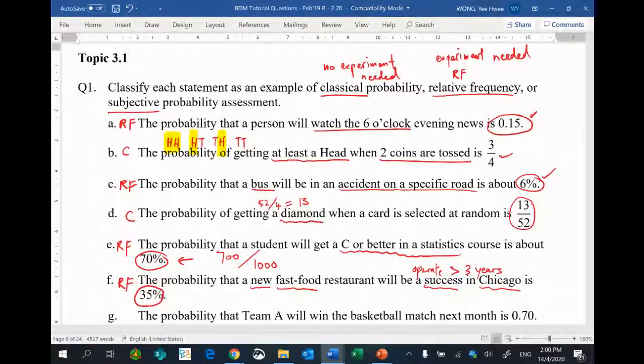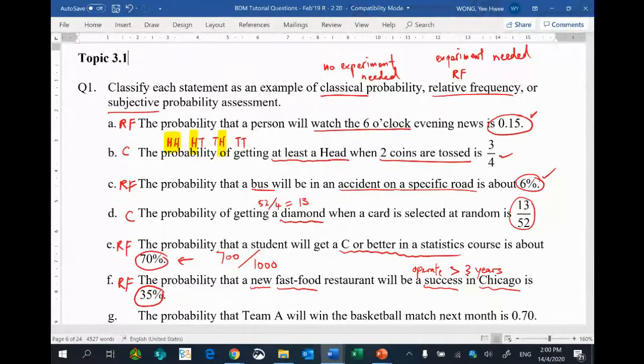The last question, what's the chance that Team A will win the basketball match next month? Do you need the data? Yes, you wish you can, but are you able to collect this type of data? Who will win the basketball match next month? Maybe you have some idea. Team A has been winning all this while, but does it mean that Team A must win this round?